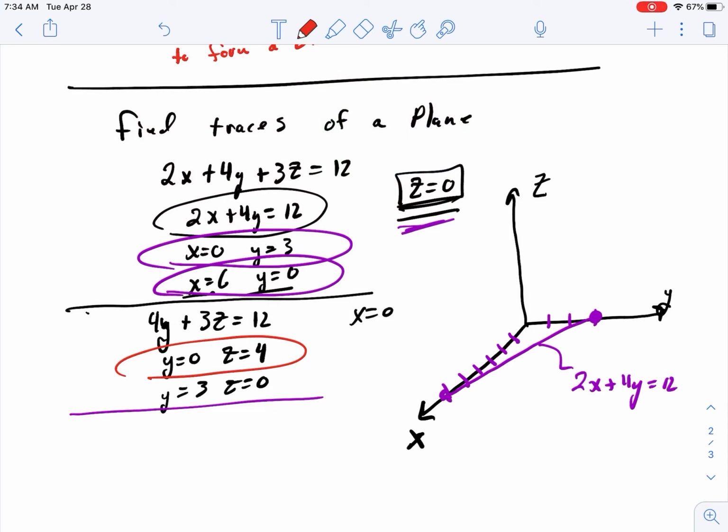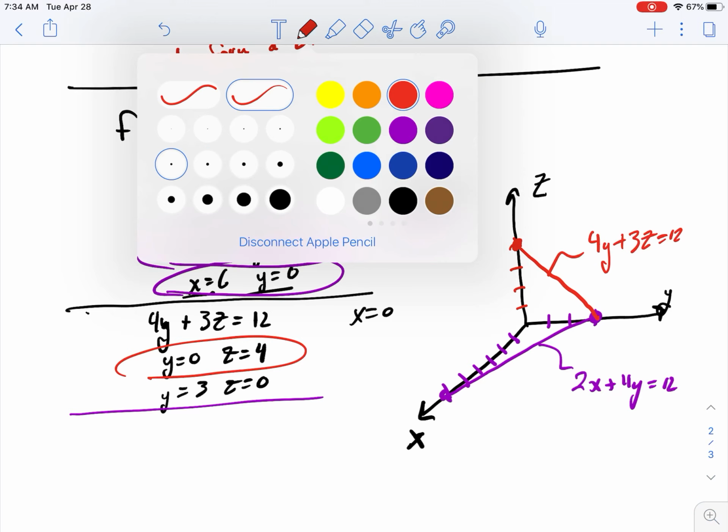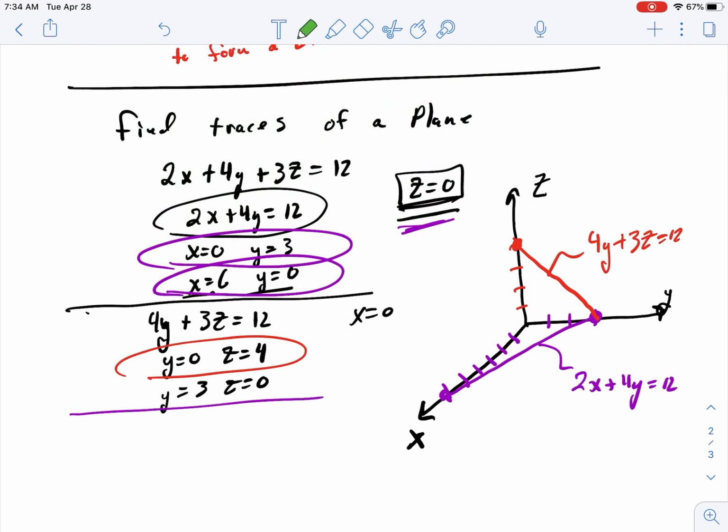Now let's do the next one here together. First off, this point here, 4: 1, 2, 3, 4. And notice you have 3, 0. So this would be 4y plus 3z equals 12, which leaves me this one already done.